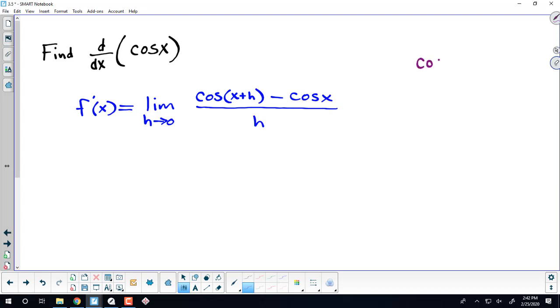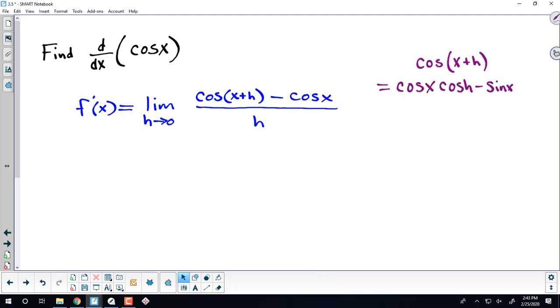So cosine of x plus h, or of a plus b, is the cosine of x times the cosine of h, minus the sine of x times sine of h. That identity, probably long forgotten, is how we're rewriting cosine of x plus h.